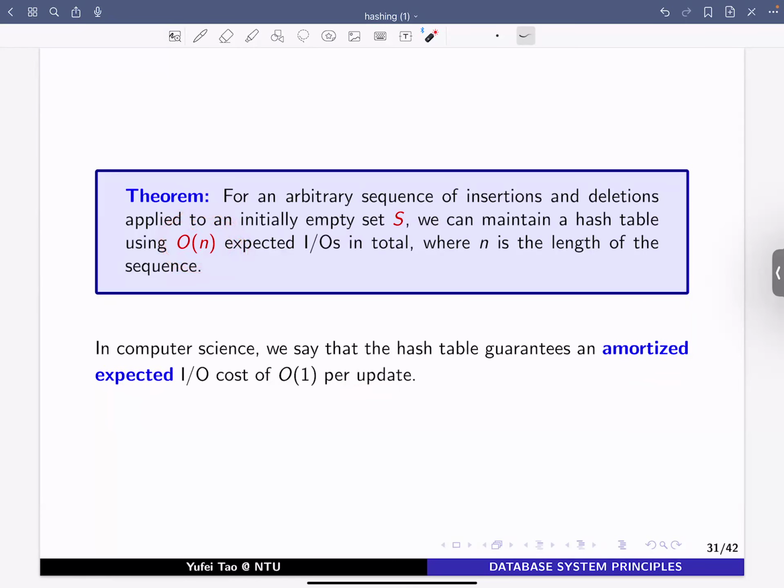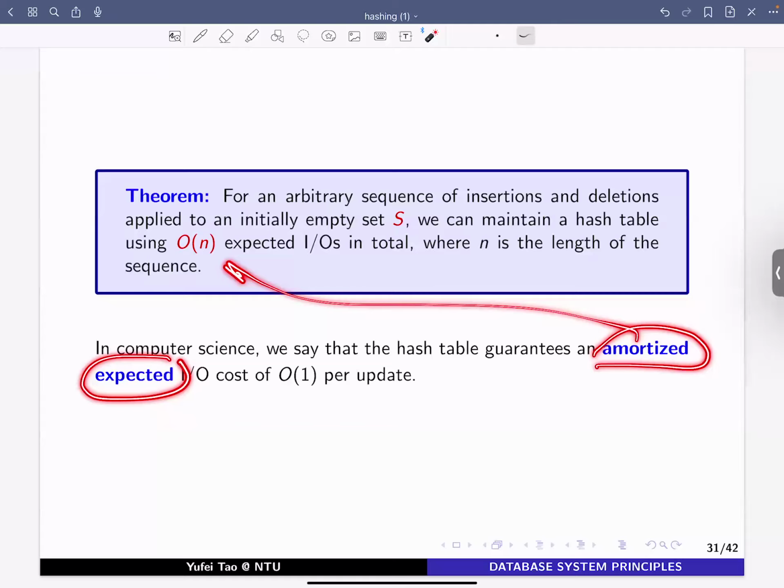Okay, so as I said, the effect is as if every update pays a constant number of IOs. So this is the meaning of amortized. So I hope you can understand the difference between amortized and this expectation. Amortized is in this sense, but the expectation is over all the random choices that are made by the algorithm.